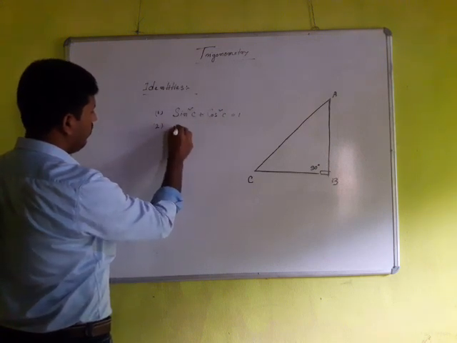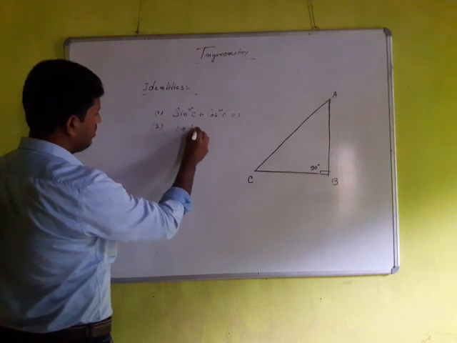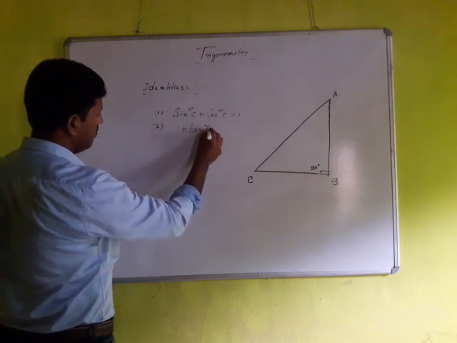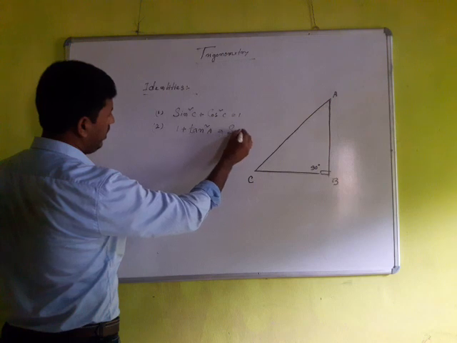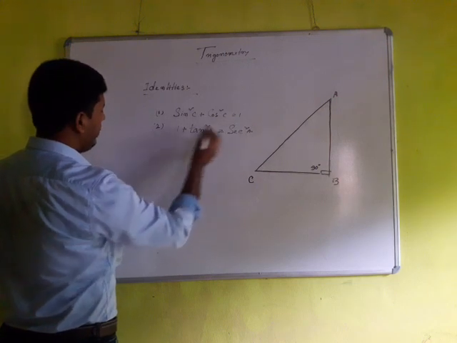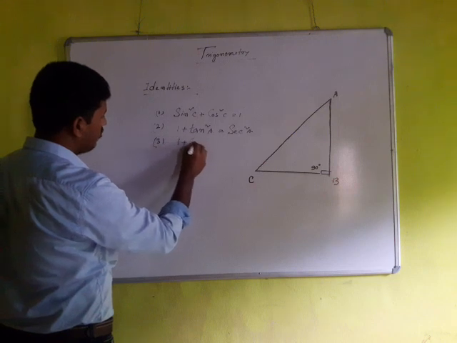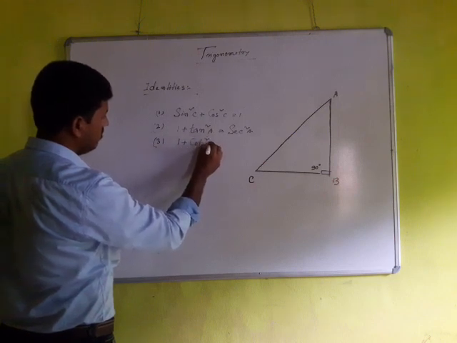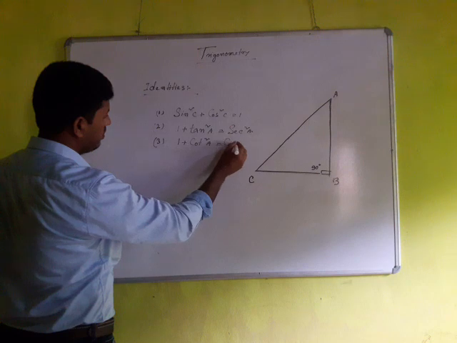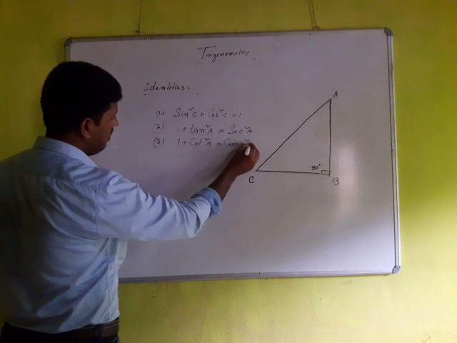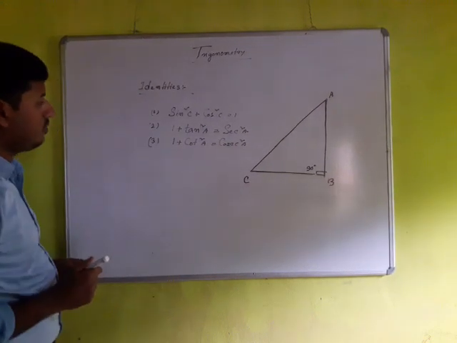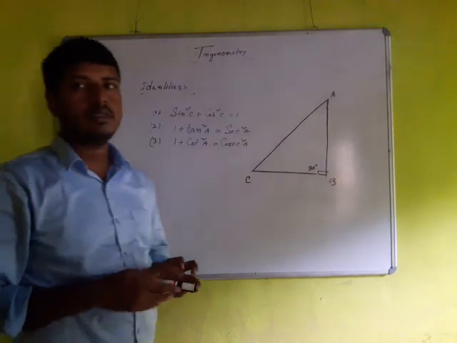Identity number 2, 1 plus tan square A equal to sec square A. Identity 3, 1 plus cot square A equal to cosec square A. So depending on these three identities, we will solve the problems given in the exercises.